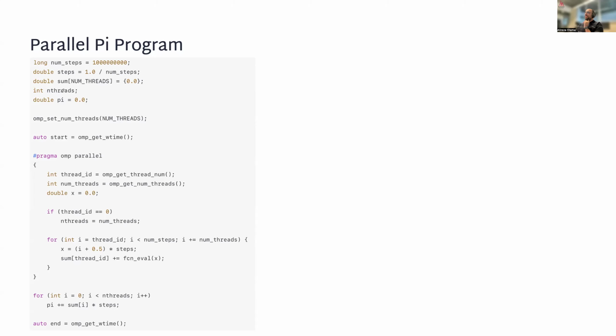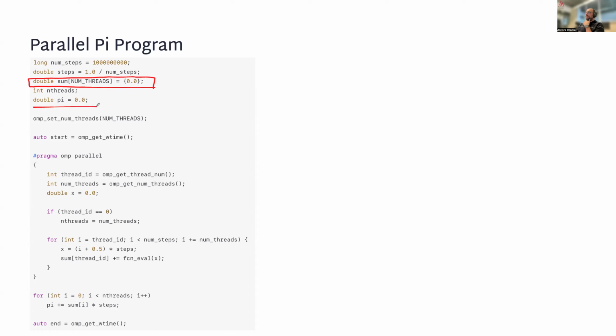So similar to what we did with dot product, we create an array called sum to compute the partial sums, right? Similar to what we had for the dot product, which contains as many elements as the number of threads that you have available on your system, right?